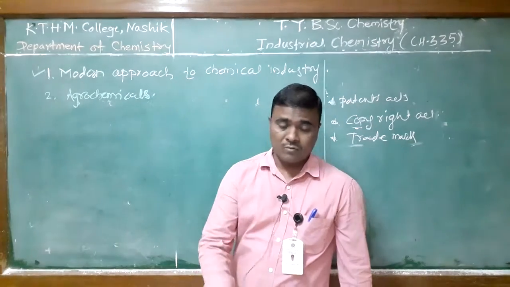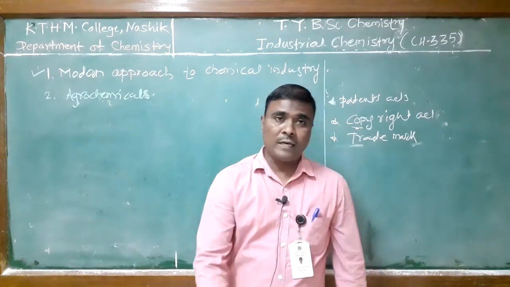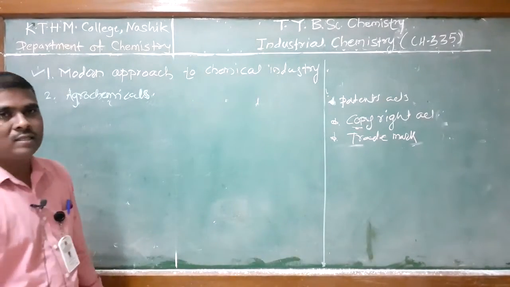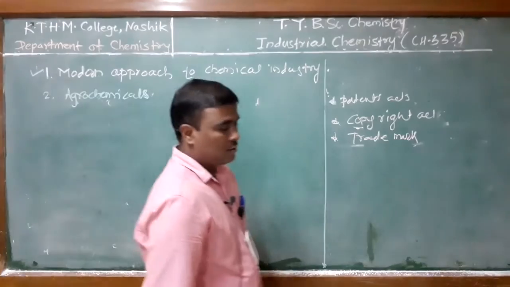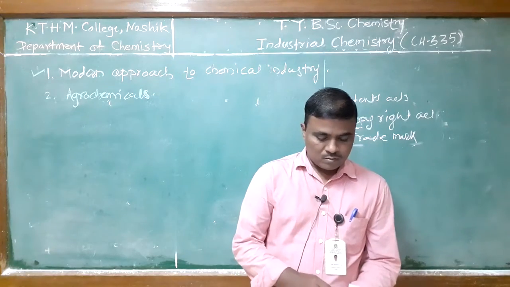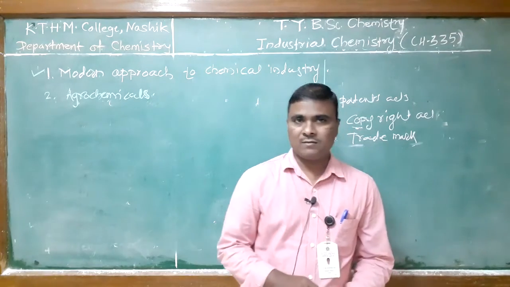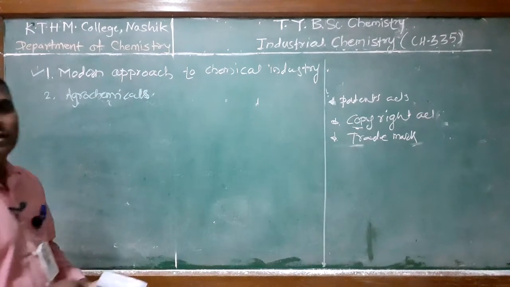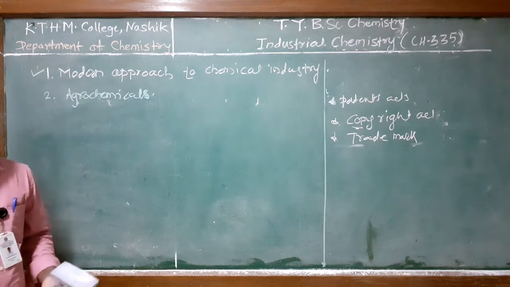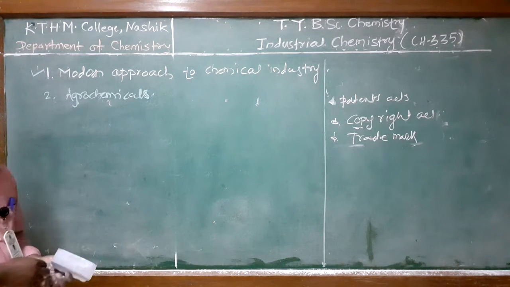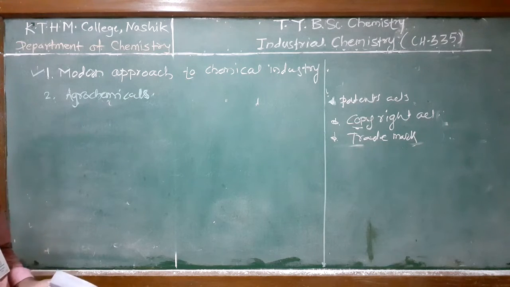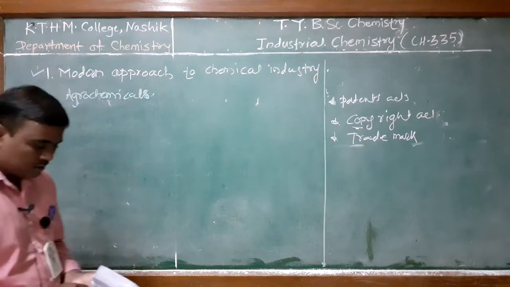So, we are very well familiar with the agrochemicals, like we are using pesticide, insecticide, fungicide, herbicide, chemical products to control the pest. Okay. So, this chapter deals with the pesticides. In that one we are going to see, as I said, the terms involved in the agrochemicals, as I said just now, pesticide, insecticide, herbicide, rodenticide, all those things.